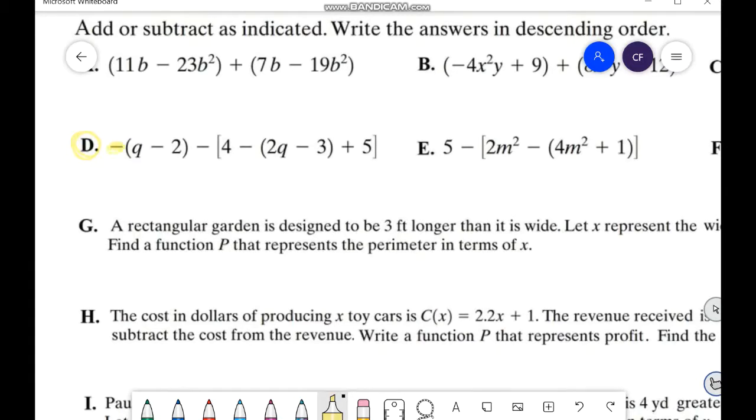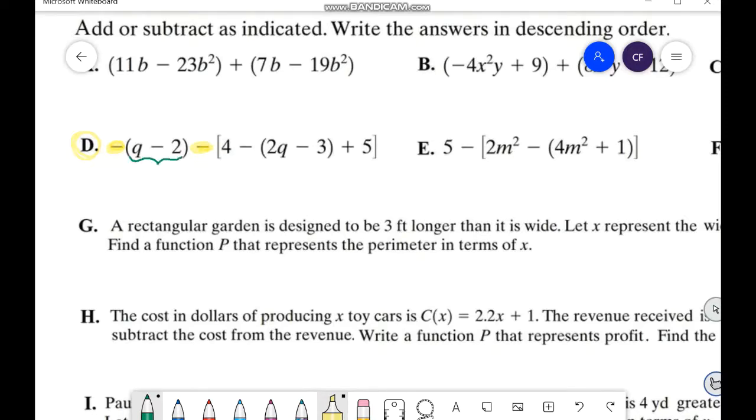This is kind of a subtraction because we have a negative sign in front of the parentheses. And here we have a negative sign in front of the brackets. To remove the parentheses or the brackets, first we need to change everything that's inside into the opposite, right?